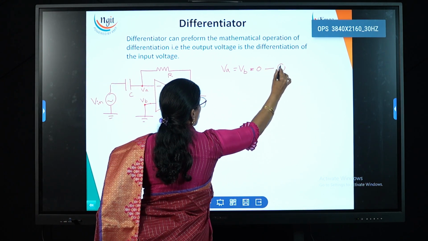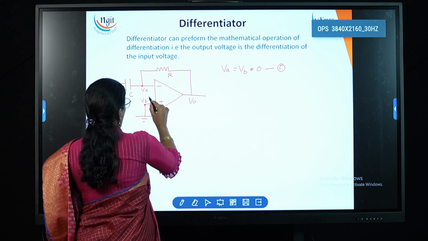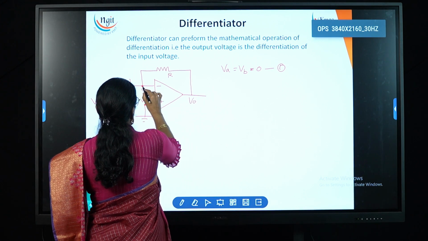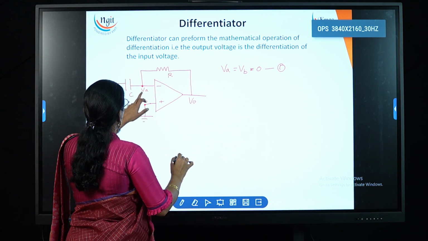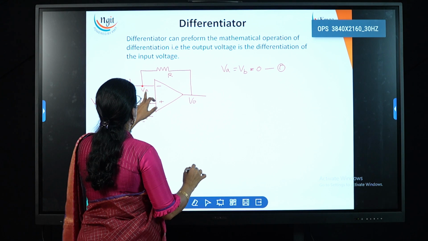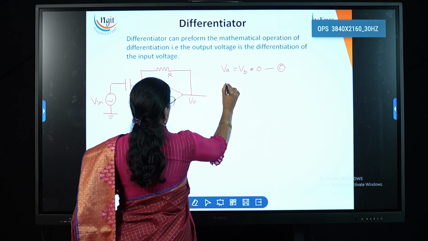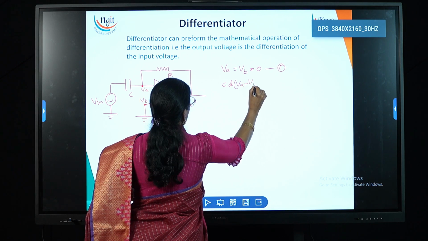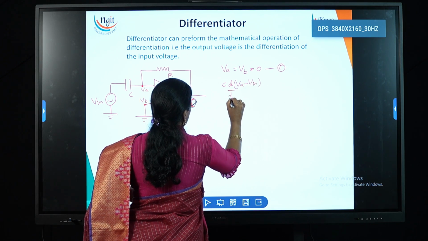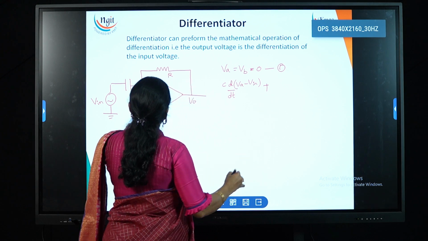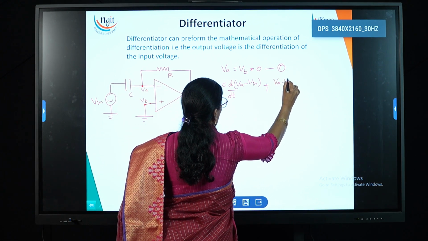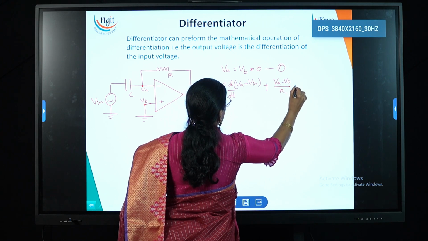This is equation number 1. Now after that apply nodal analysis at VA. If you apply the nodal analysis, then what do we get? Now this current and this current: C into d(VA minus V in) divided by dt, plus VA minus V naught divided by R, is equal to 0.